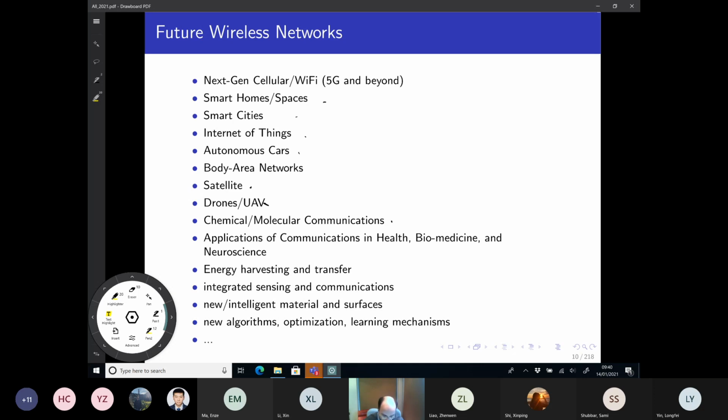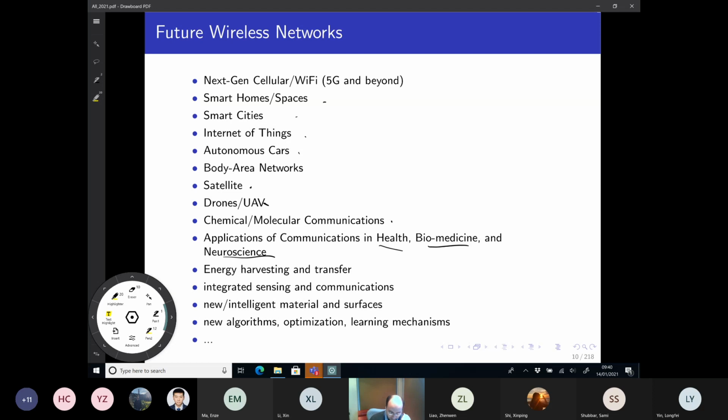So this is also an area that is looked at: application of communication in health, biomedicine, neuroscience. How can you model the brain, for instance, as a communication network? All those neurons are firing and transmitting information to each other. You can view this as a communication network and use tools from communication theory to analyze this.